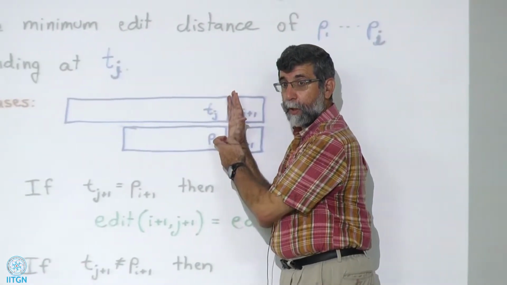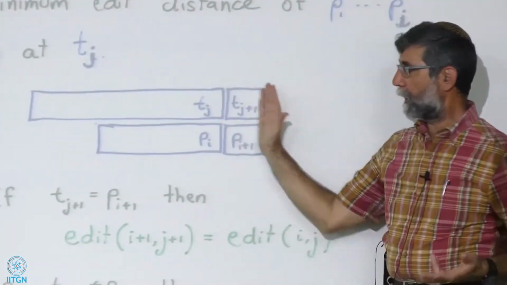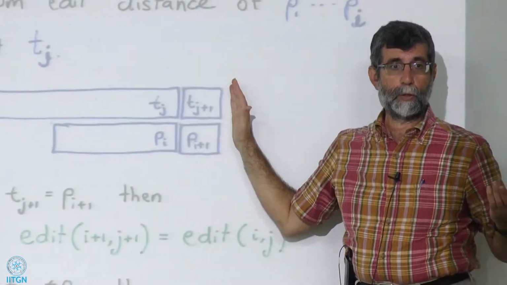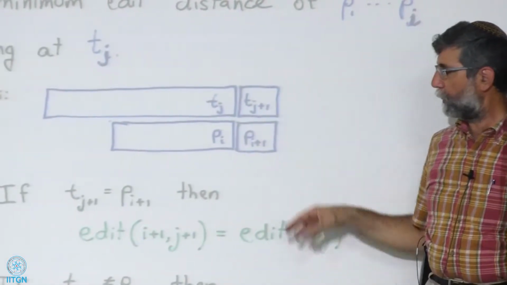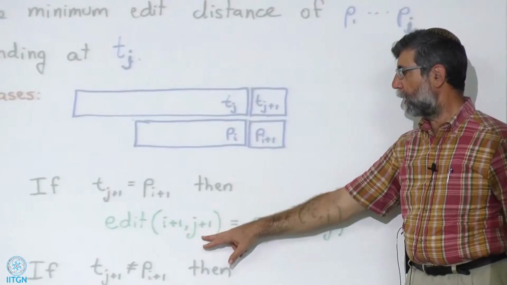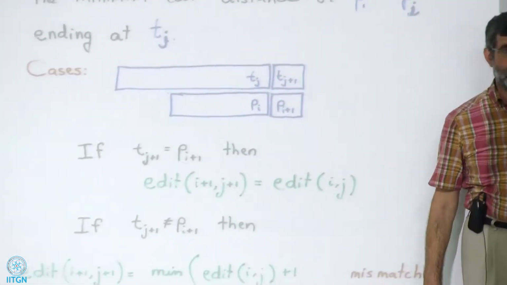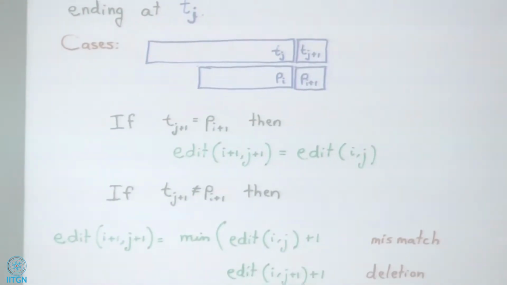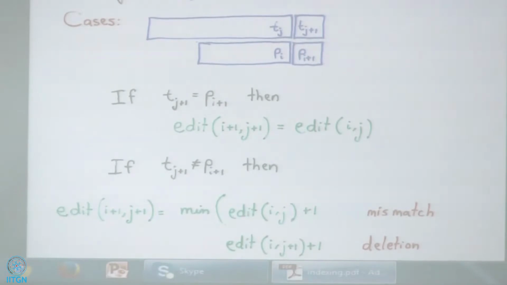And if we know that smallest number of changes, since this matches, then obviously there's no smaller number of changes that you can do all the way to the end, all the way to i plus 1 and j plus 1. So edit(i+1, j+1) is equal to edit(i,j). So that case is the easy case. We don't need to dwell on it for too long.